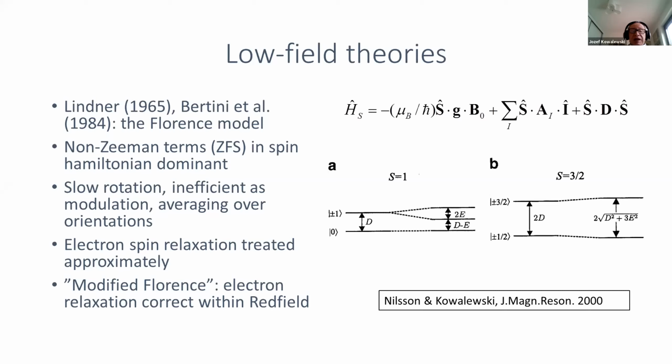And also it allows to include some angular relations between the dipole-dipole interaction and the zero field splitting interaction, provided now that the rotation is slow, that the rotation does not directly influence the relaxation, but only provides some averaging of interactions over the rotational motion.